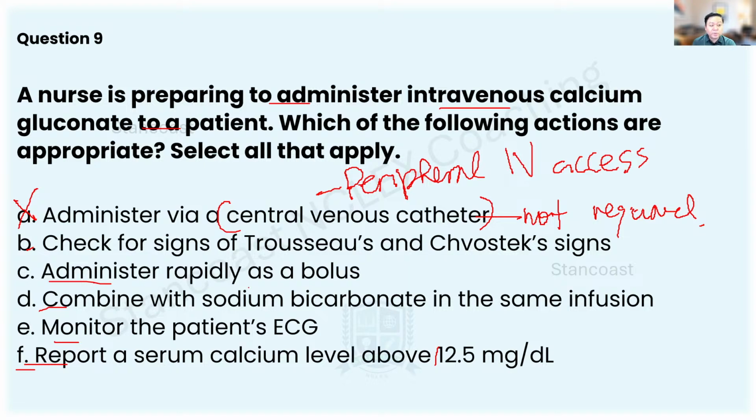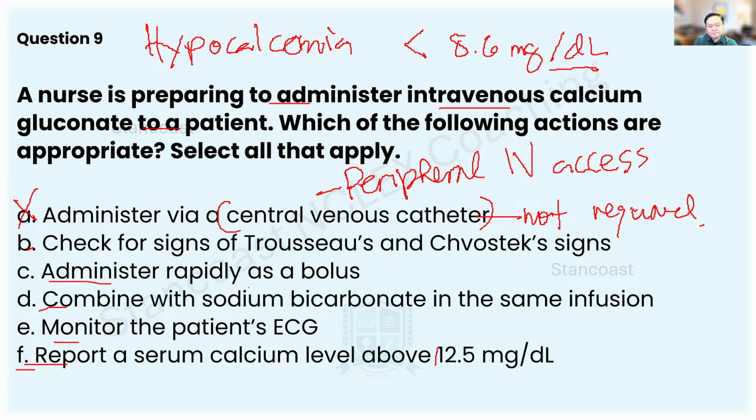Remember, when you have a patient that has hypocalcemia, whenever they are going to have a drop, hypocalcemia, which is less than 8.6 milligrams per dL. Take note about the hypocalcemia. Whenever they are hypocalcemic, this patient will be prone to developing these manifestations.